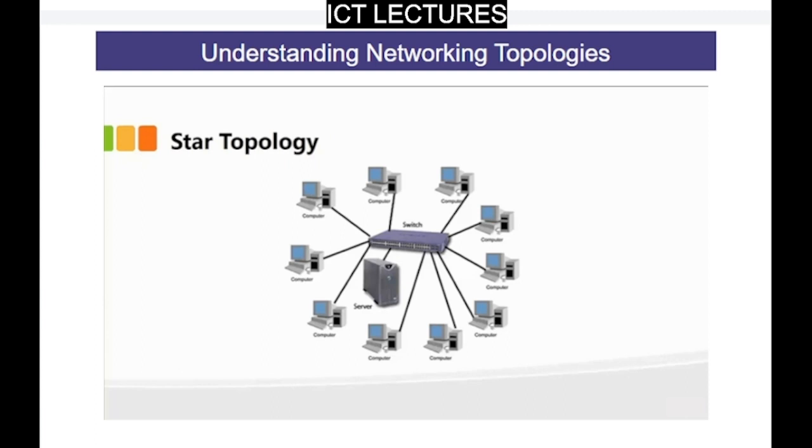So therefore it's called a star topology, and it's fault tolerant, because if one of the computers goes down, for instance, nothing happens to the rest of the computers because they're sharing resources through a centralized device called a switch. For example, data is passing through the switch. Each cable from each of these computers is connected to the switch, and then from the switch a cable is connected to your server.